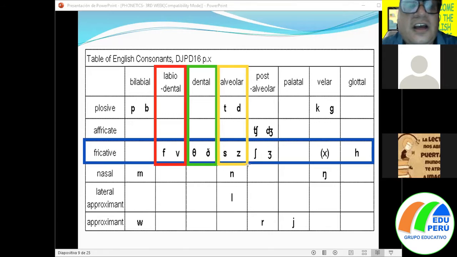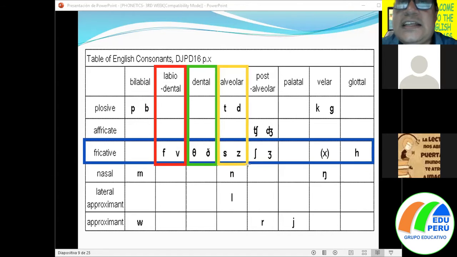So alveolar means that you're going to use the front part of your tongue to the alveolar ridge, but don't touch it. All right? In the plosive, you touch the alveolar ridge with your tongue. But in fricative, you don't touch it.